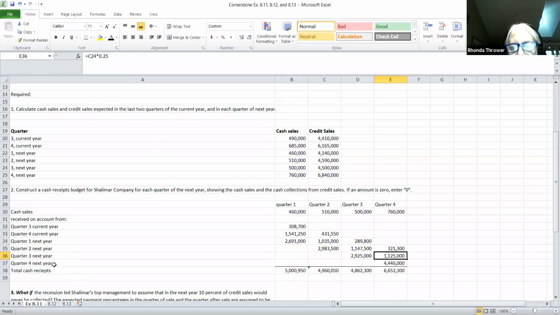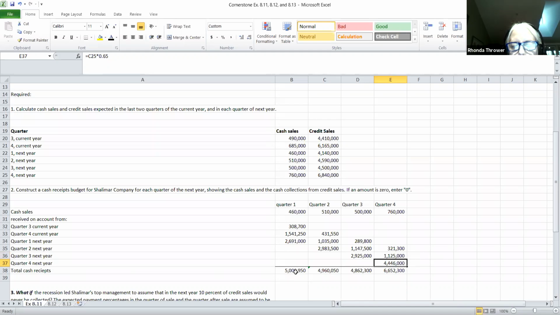And in the last quarter, you would have collected 65% of the credit sales. So 6,840,000 times 65% will give you the fourth quarter's cash that you have collected of the credit sales.